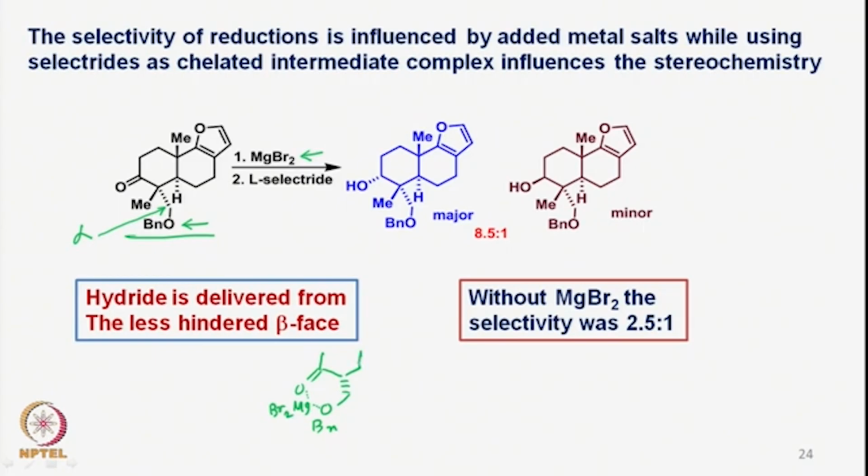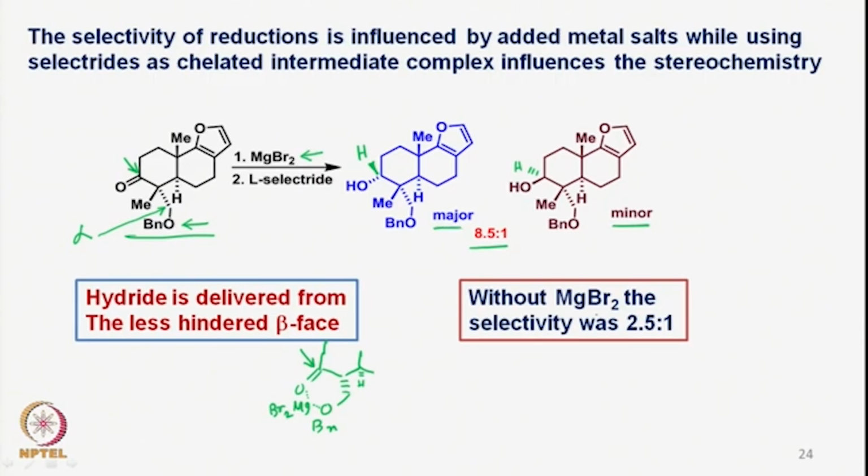I will not write the other part of the molecule, and therefore one can see that the alpha side is blocked, and therefore the reduction occurs at this carbon atom from the beta side. So you have the hydrogen coming from the beta side. So now we get an 8.5:1 ratio of these two molecules, in which this is minor, this is the major.